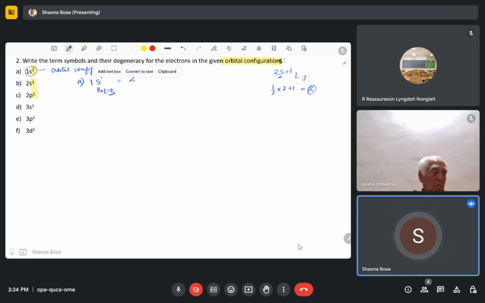In this notation we just write S. Now J. For this one L is 0, S is half, therefore J will be half. So 2S half.